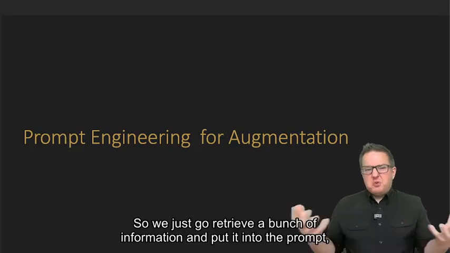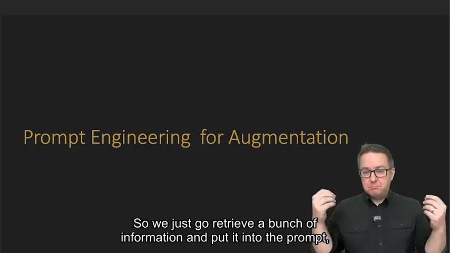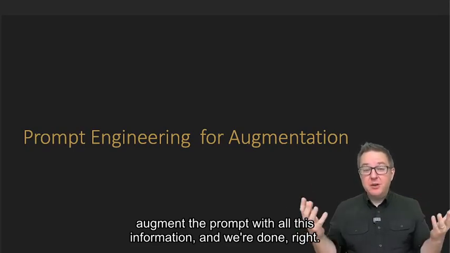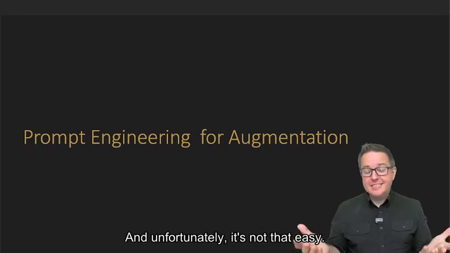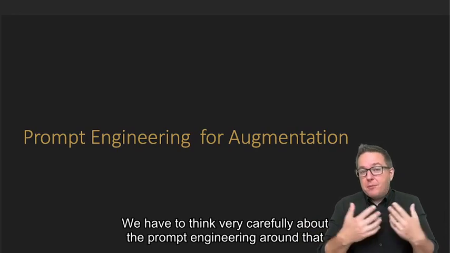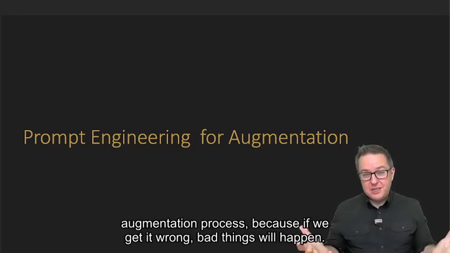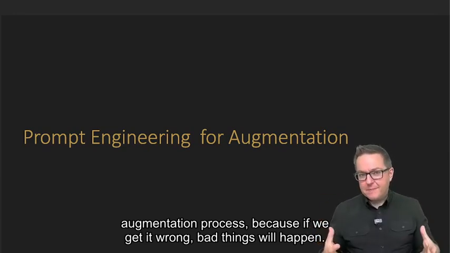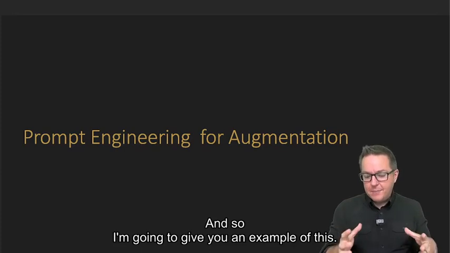So we just retrieve a bunch of information, put it into the prompt, augment the prompt with all this information, and we're done, right? And unfortunately, it's not that easy. We have to think very carefully about the prompt engineering around that augmentation process, because if we get it wrong, bad things will happen. I'm going to give you an example of this.